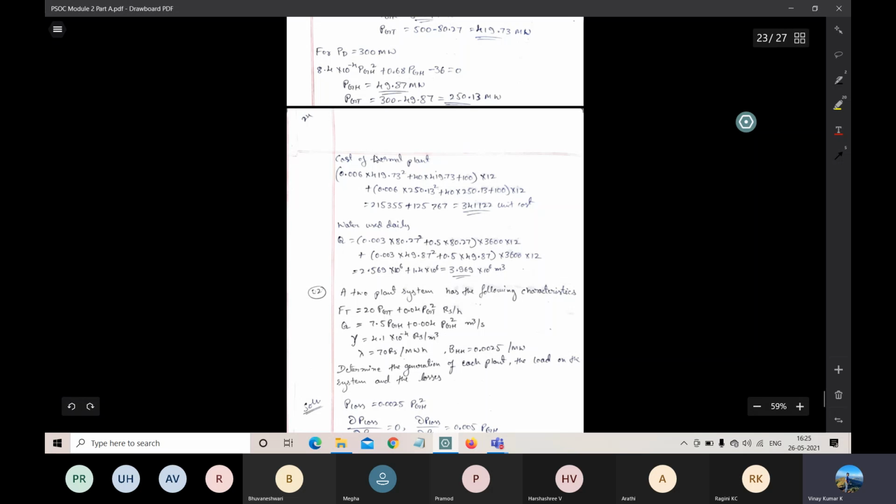And finally, after calculating the PGT and PGH, you need to find the F of PGT value. How to calculate F of PGT value? Resubstitute in the given characteristic equation. This is the given characteristic equation for 12 hour. I have resubstituted here. After substituting, you will get 341,122 units. Similarly, you have to calculate the water available.